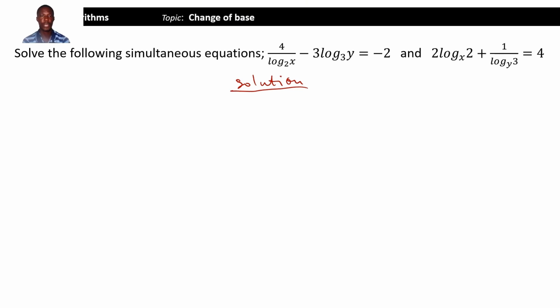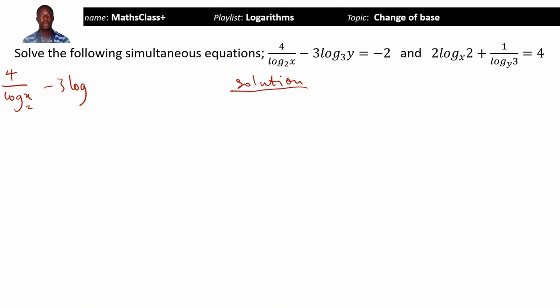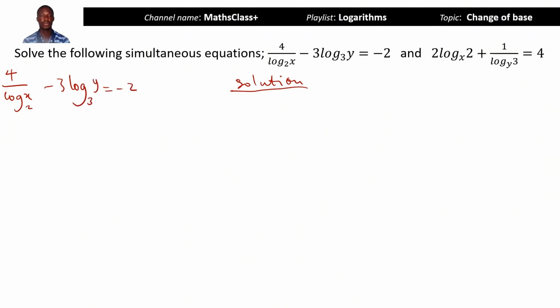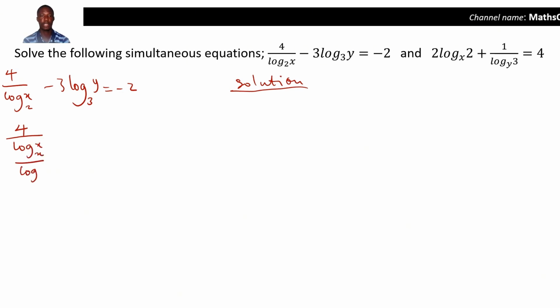The first equation, we have 4 divided by log 2 base x minus 3 log y base 3, and this is equal to minus 2. I will change the base of log 2 and then choose base x. So 4 divided by log 2 base x over log 2 base x.